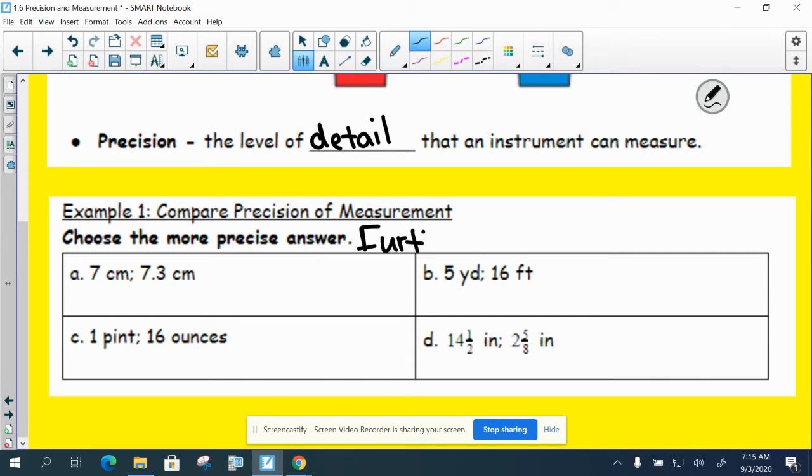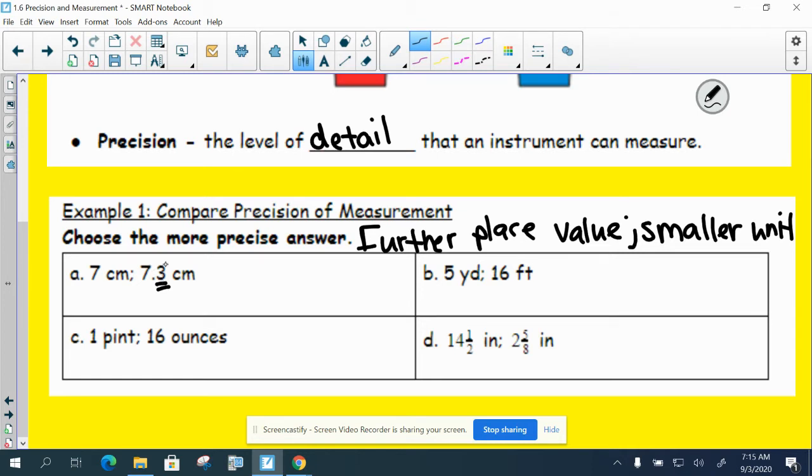The other factor is if it has a smaller unit. These both have the same unit, but since 7.3 goes to a further place value of the tenths place, this would be more precise.